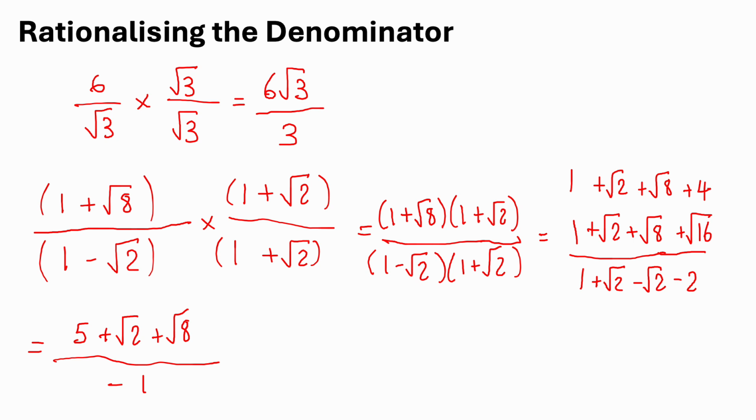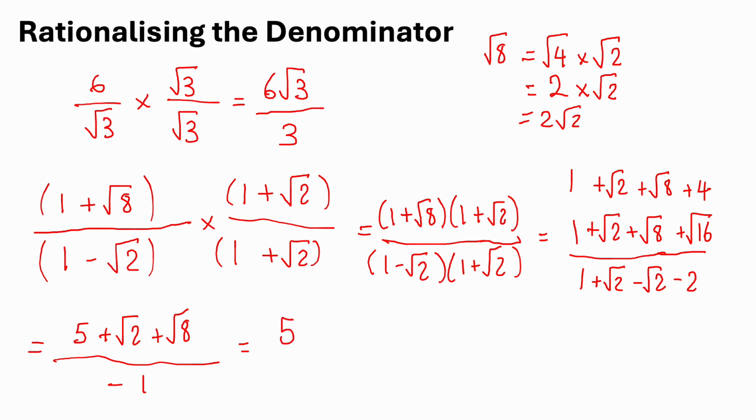So I'm left off with 5 plus root 2 plus root 8. So this root 8, we can actually simplify, because root 8 is the same thing as saying root 4 times by root 2. And the square root of 4 is 2. So that's the same thing as 2 times root 2. So root 8 can be written as 2 root 2. So let's do that.